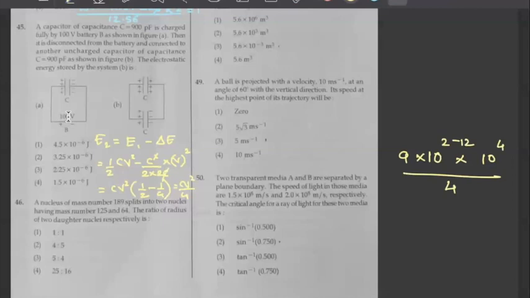So that is going to be 9 by 4, 9 by 2 is 4.5 divided by 4, which is 1.1 something. And I have 10 raised to 4 plus 2 is 6, and minus 12 is minus 6, so that's microjoule. Everything is in minus 6, so that's not a problem. 1.1 something. So I think the closest option here is number 4.